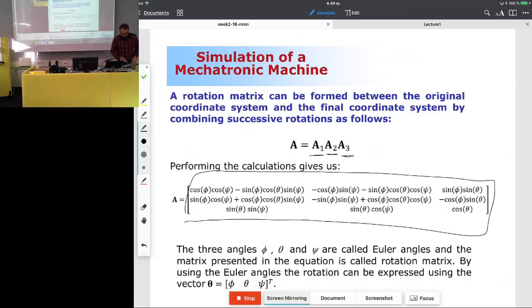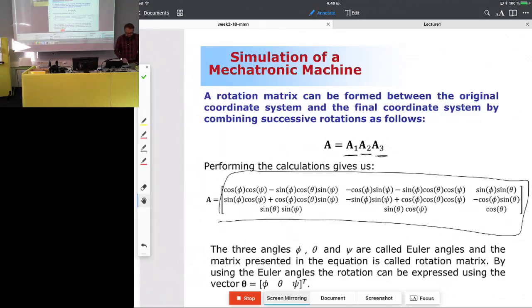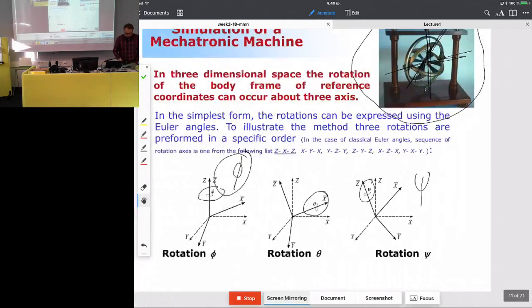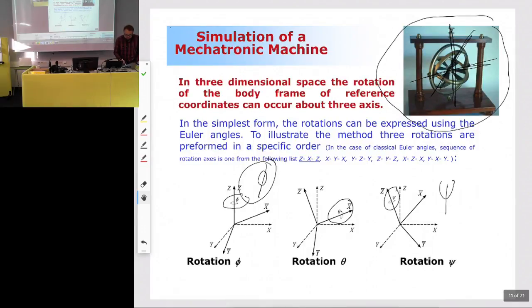The problem can take place if the rotation is 0 or 360 degrees. Then you can no longer differentiate which is related to the first rotation and which is related to the third rotation.